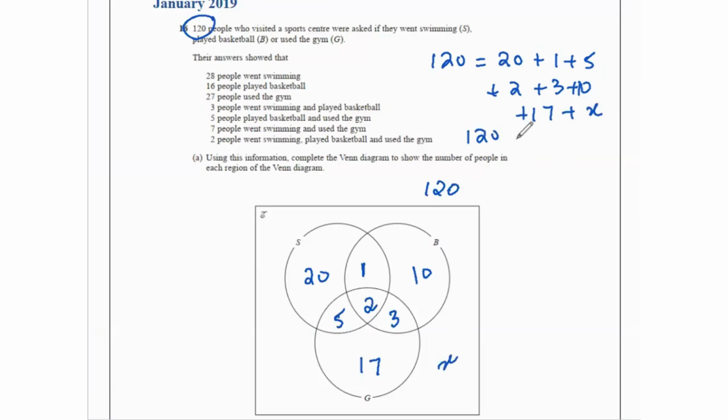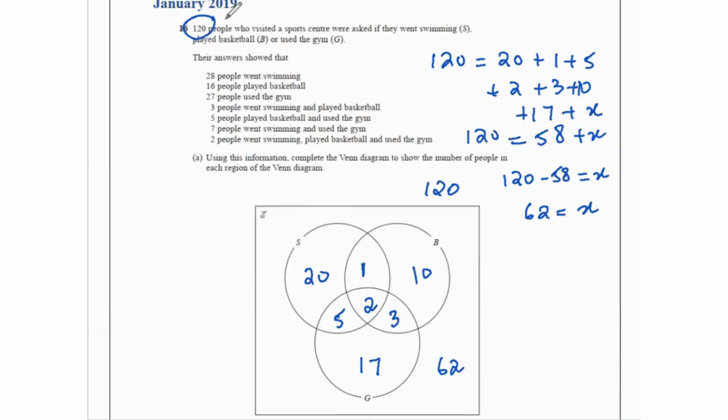This is your elements that are outside. So 58 plus x equals 120, which means 120 minus 58 equals x. And that's going to give us 62 people. So 62 people were outside. So now this is your complete Venn diagram.